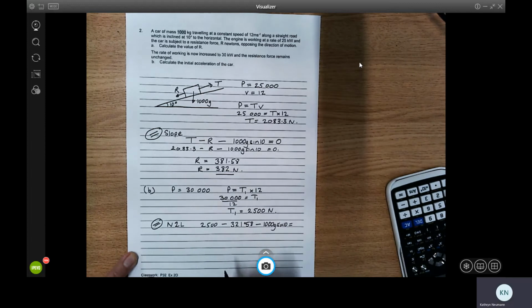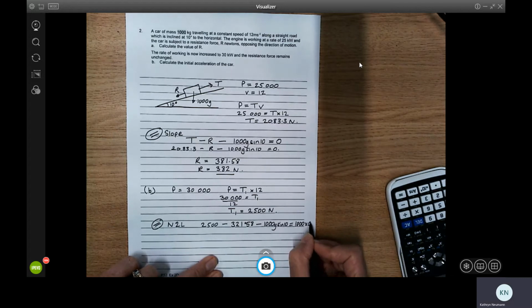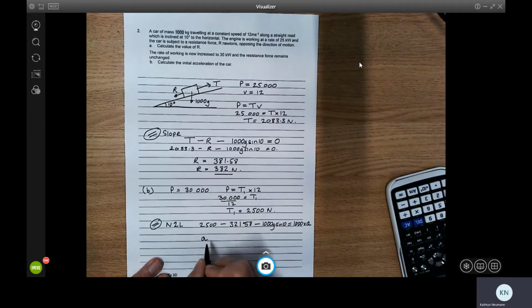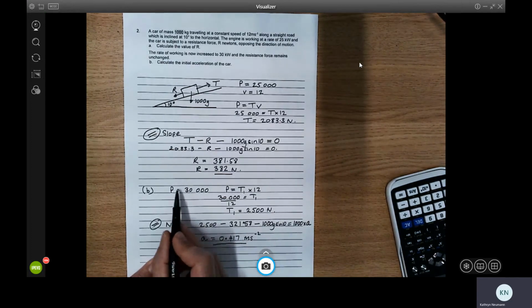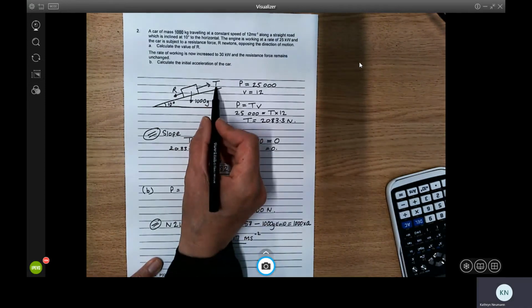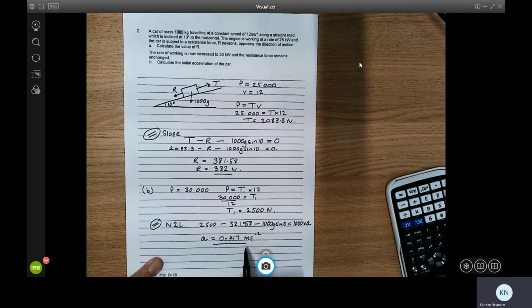And that's equal to the mass, which is 1,000, multiplied by the acceleration, which is what we're trying to find. And if you rearrange this equation and work out the values, you get that a is 0.417 meters per second squared. So at the moment the power changes, the forwards force changes, and that generates an acceleration here.